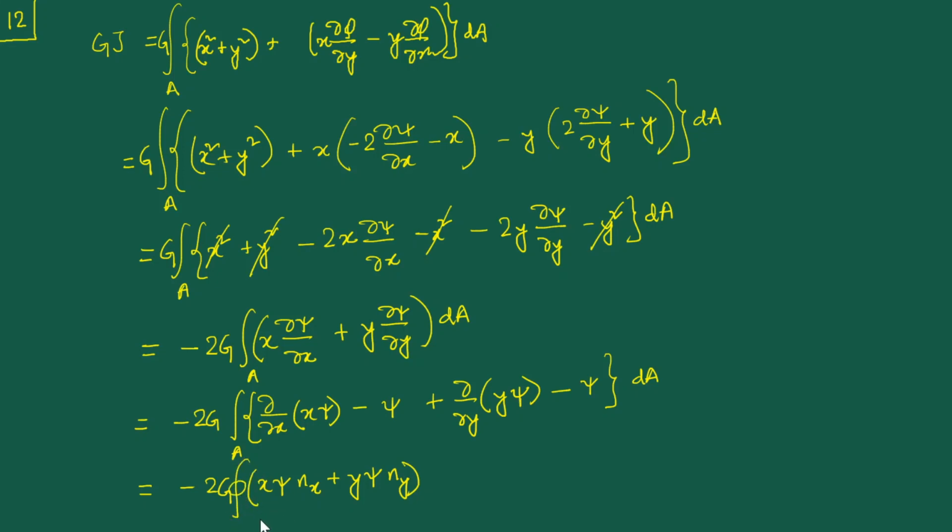So this is a cyclic integral over the periphery, and for this, whatever is left here is going to give us 4G. So we have a twice psi here, minus twice psi, that minus comes outside, that gives me the plus, so 4G psi dA.